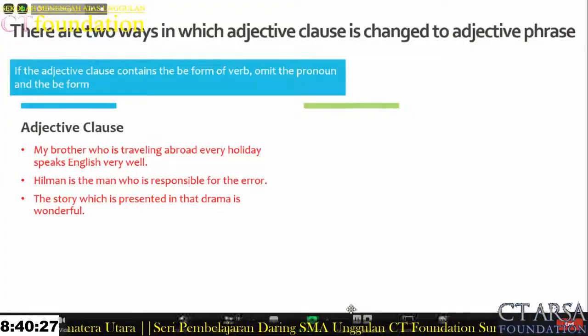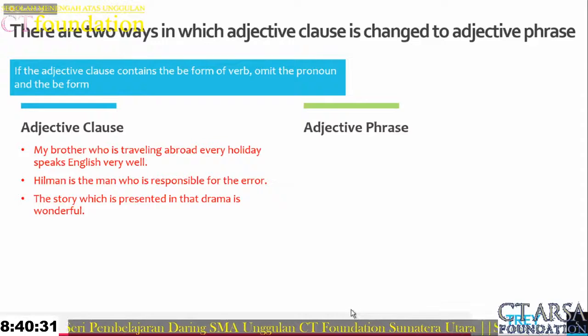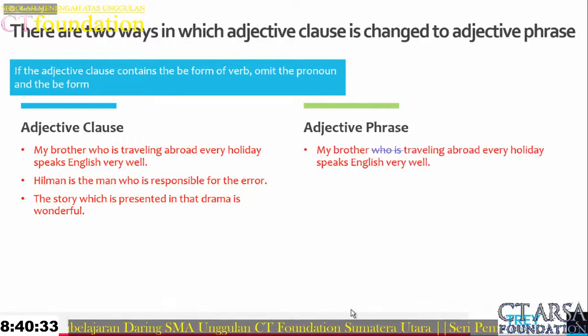Okay. All right. Now, how to reduce these three sentences into adjective phrases? Have a look. Now it's an adjective phrase. The first sentence: my brother who is traveling abroad every holiday speaks English very well. There are two ways in which an adjective clause is changed to an adjective phrase.